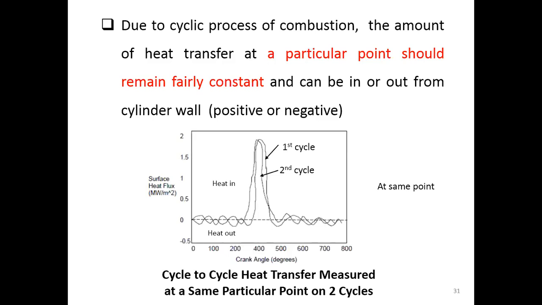And that means what? If you look at the cyclic process of the combustion, you want to try to determine the heat transfer. If we look at one particular point under this behavior, you see heat in, you see heat out, because it's plus and minus. At one particular point, you observe the amount of heat transfer.